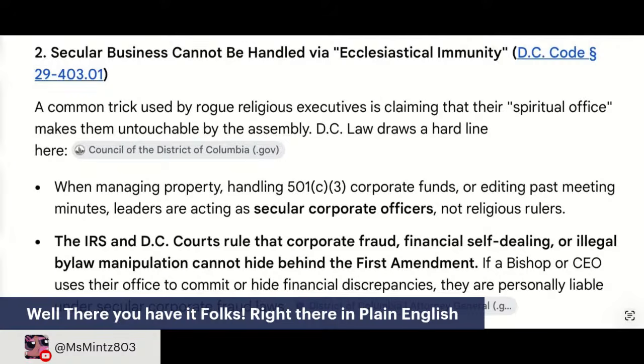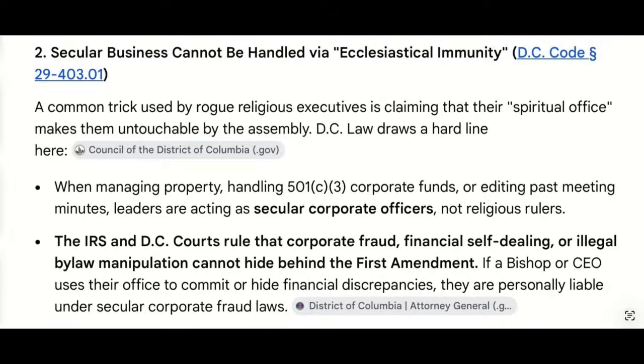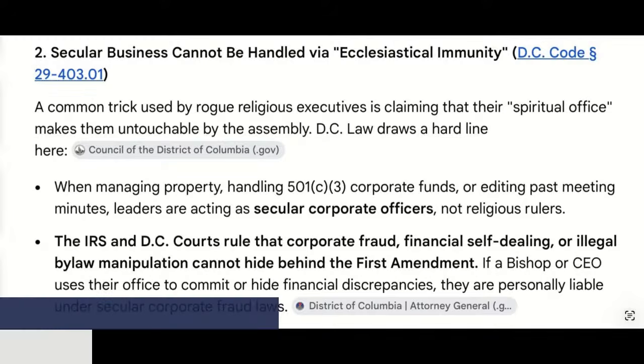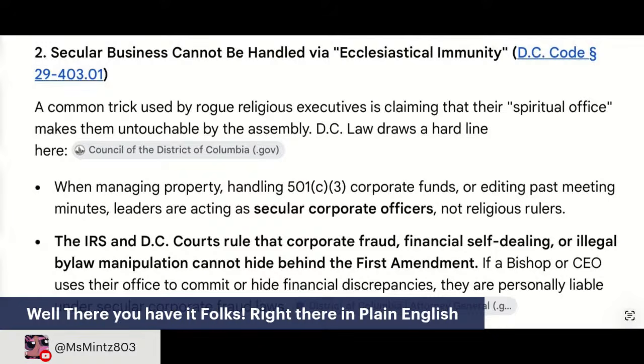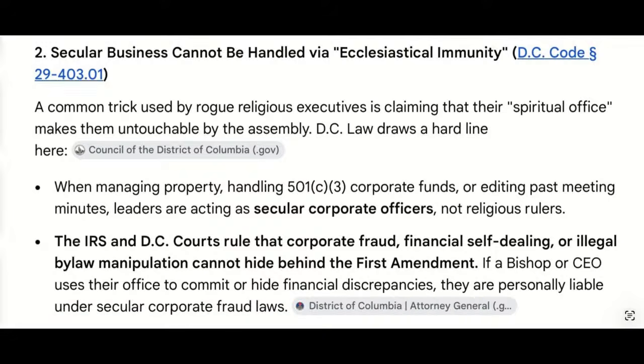The IRS and DC courts rule that corporate fraud, financial self-dealing, or illegal bylaw manipulation cannot hide behind the First Amendment. It cannot hide behind church versus state. If a bishop or CEO uses their office to commit or hide financial discrepancies, they are personally liable under secular corporate fraud laws.